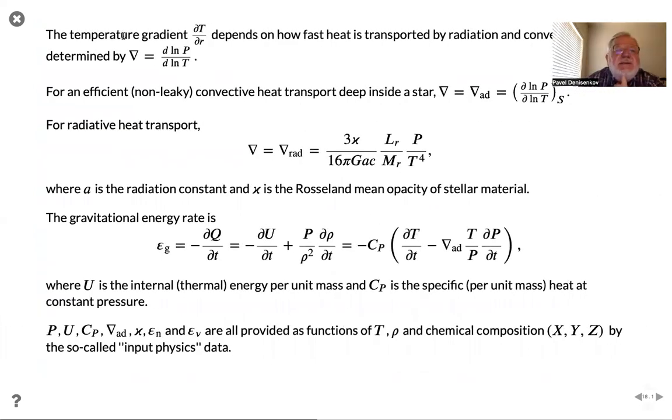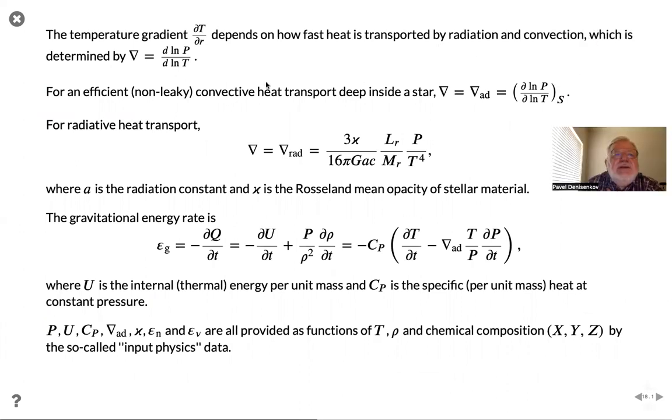So the next slide, as I promised, explains the meaning of the nabla, of the temperature gradient nabla. The temperature gradient dT/dr depends on how fast heat is transported by radiation and convection, which is determined by this nabla. There are two main ways heat can be transported inside the stars.